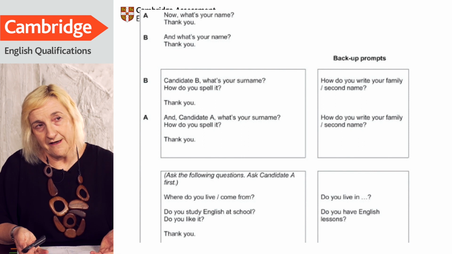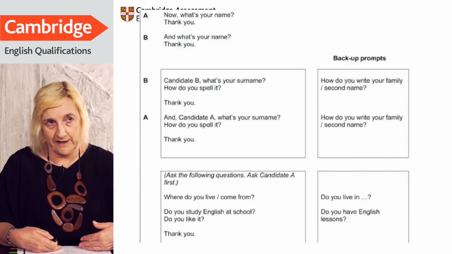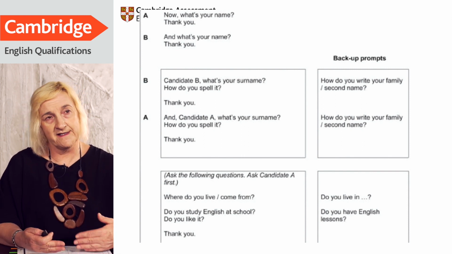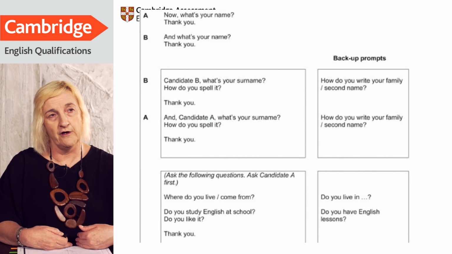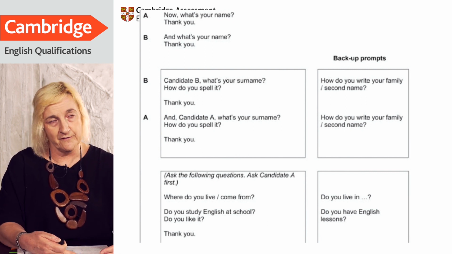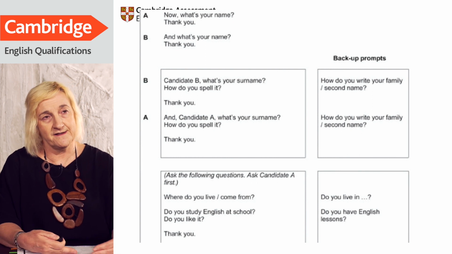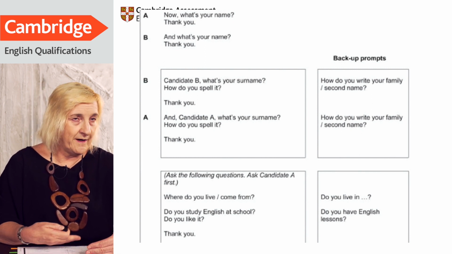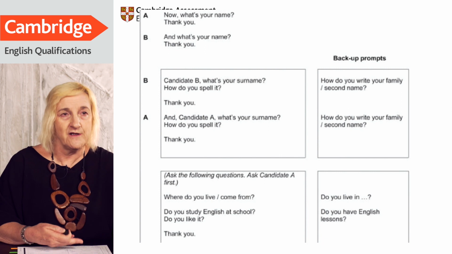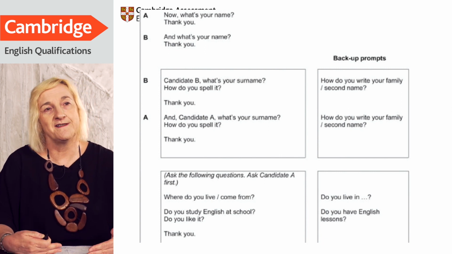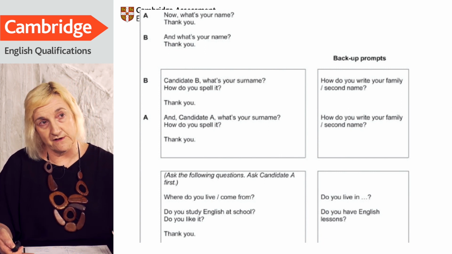What I've shown you here on the slide is actually the rubric for the examiner. The examiners have a text that they follow so that they can guide them through the speaking test, so that the test will be of the same format for every student. Obviously the questions won't be the same, but the format is the same, and so students know what to expect as well.